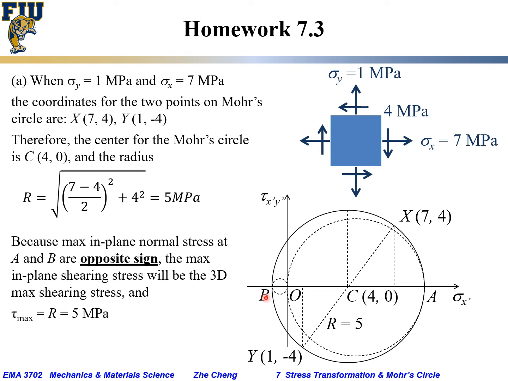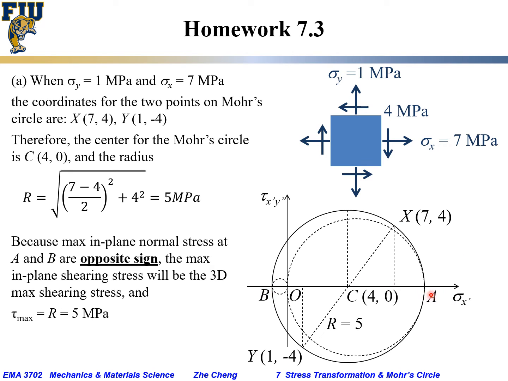And based on this xy circle, the maximum normal stress and the minimum normal stress are of opposite sign. The maximum and minimum in-plane normal stresses are opposite sign, which means we can draw 3 circles, and one is the original xy or AB circle.